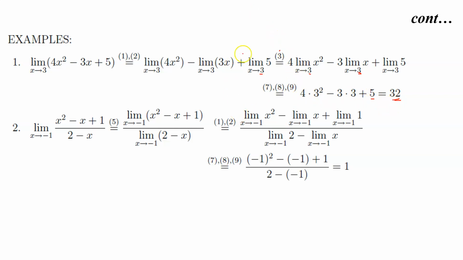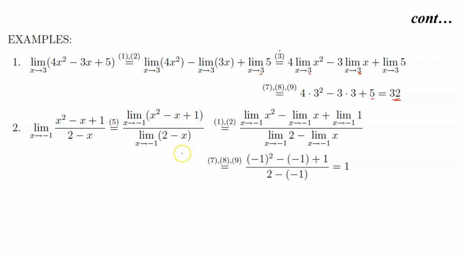Okay, it's similar to the second example, but this one involves subtraction, plus, and also division. Okay, dia tambah, tolak, dan juga bahagi. So from here, you can write it down like this. Okay, boleh pecahkan dia. So now after you dah pecahkan, it's easier for you to break it down into smaller limits.